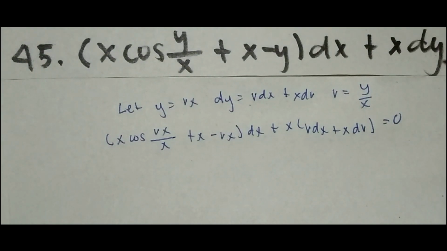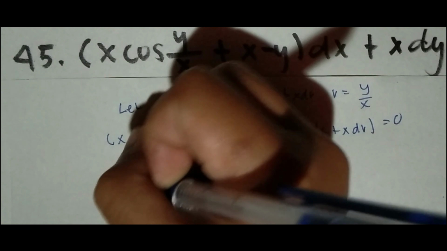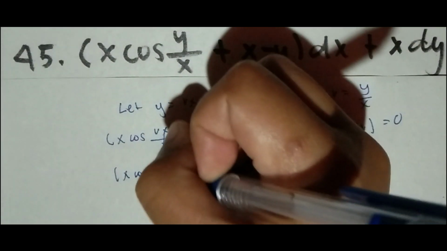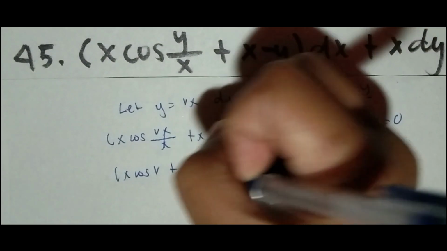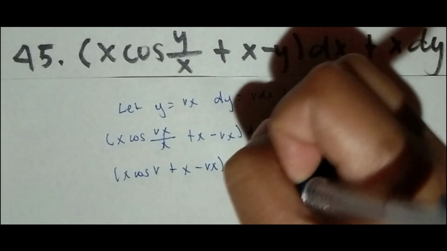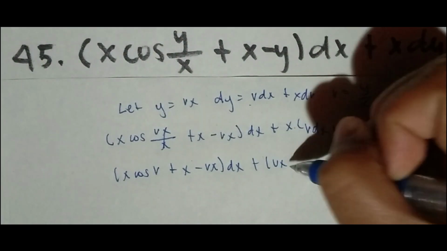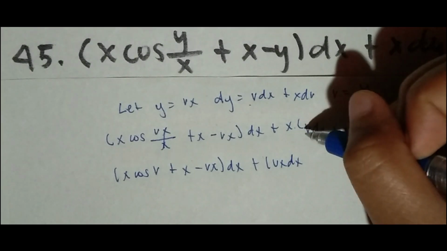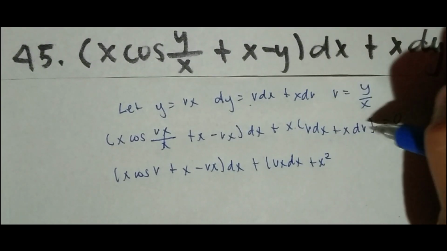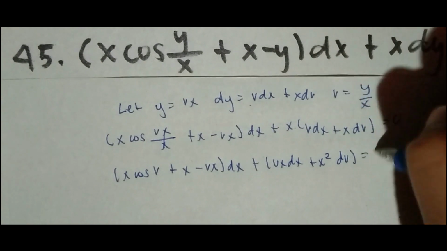So let's simplify. So we will have x cos, this will be cancelled, v + x − vx dx + vx dx + x squared dv = 0.